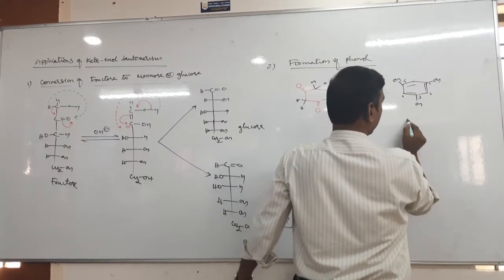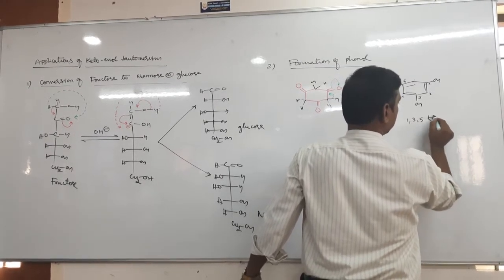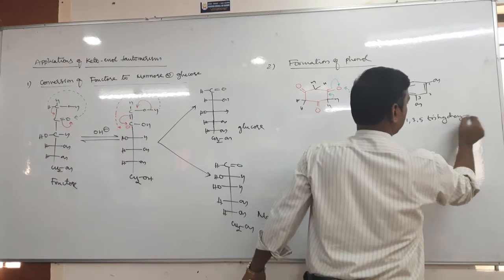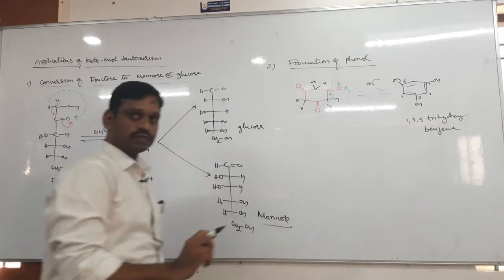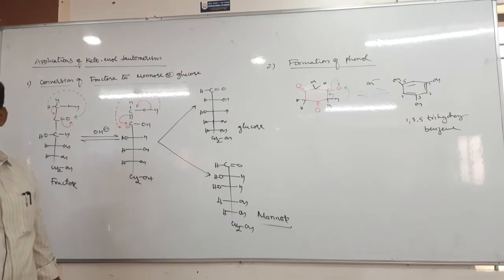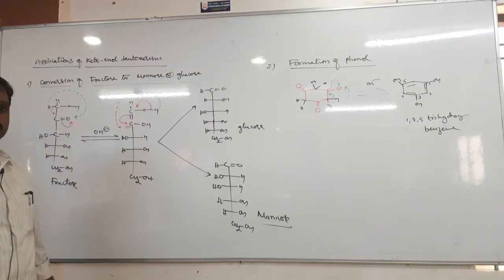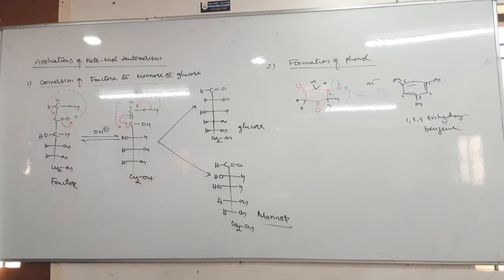Tell me. 1,3,5-trihydroxybenzene. So this is about keto-enol tautomerism.